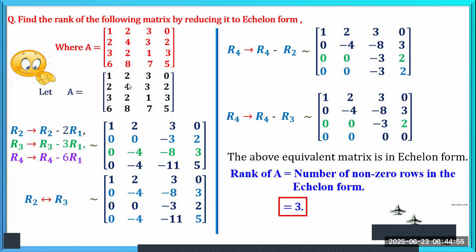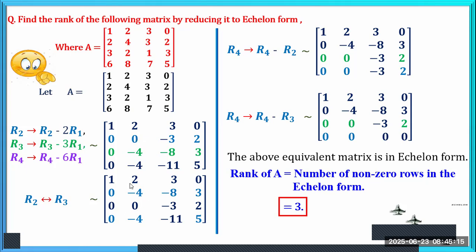After that, concentrate on the second row, fix A22 and convert this element to 0, this element to 0. Now we interchange R2 and R3, because we can't proceed with the conversion otherwise, since A22 you have to fix.